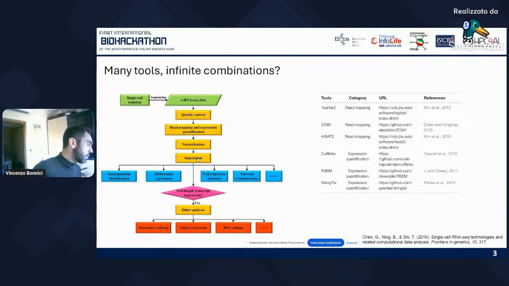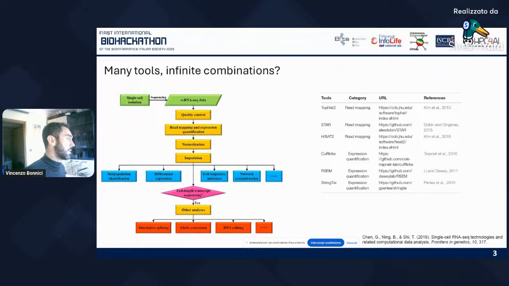So after that, you optionally run an imputation step, because you always have missing data, especially in single-cell RNA-seq, since you are not sequencing bulk RNA but the RNA of a single cell, and probably you are losing something. Often you want to impute what you have missed by the sequencing.